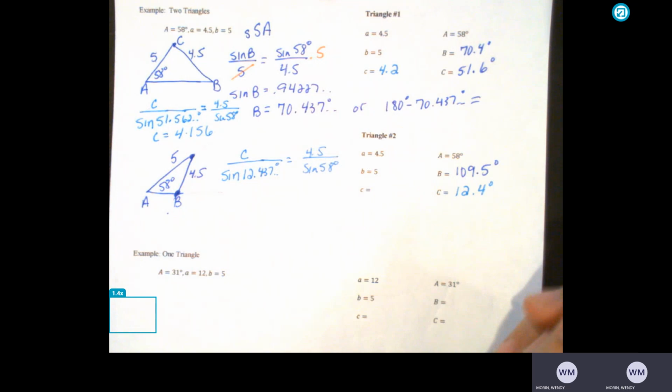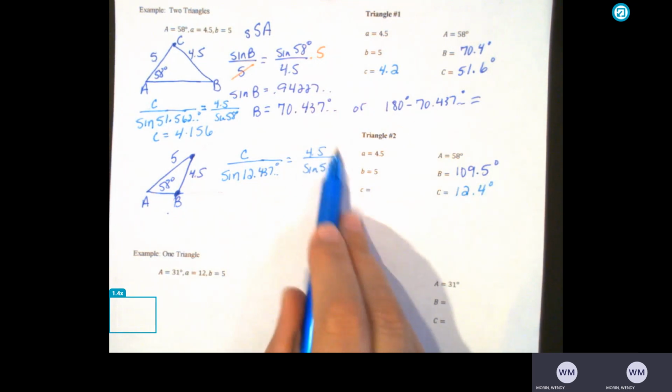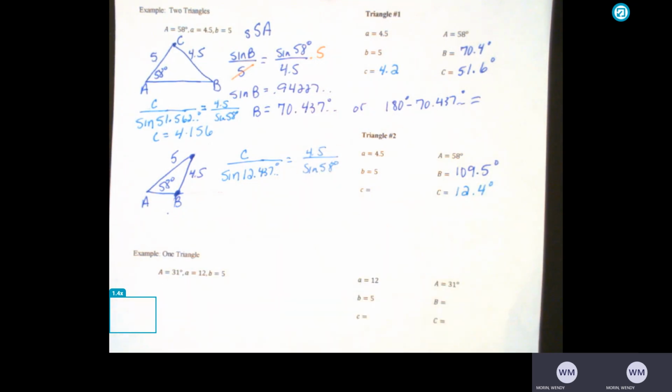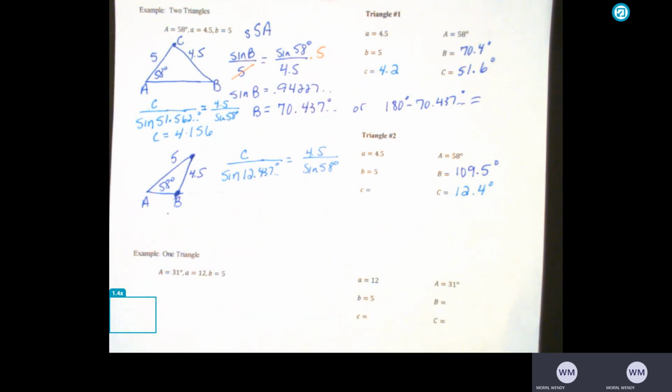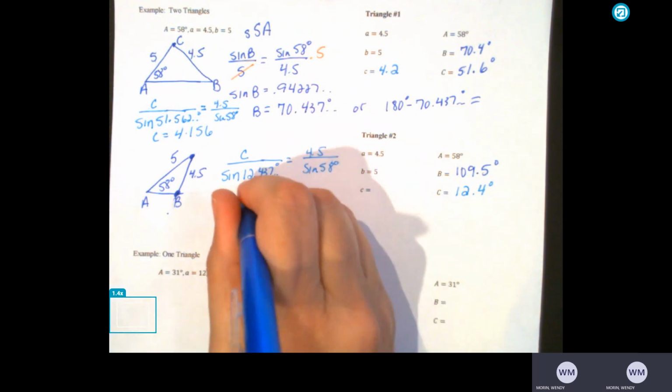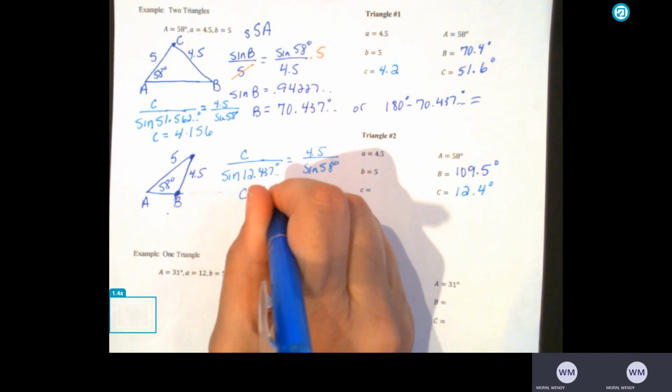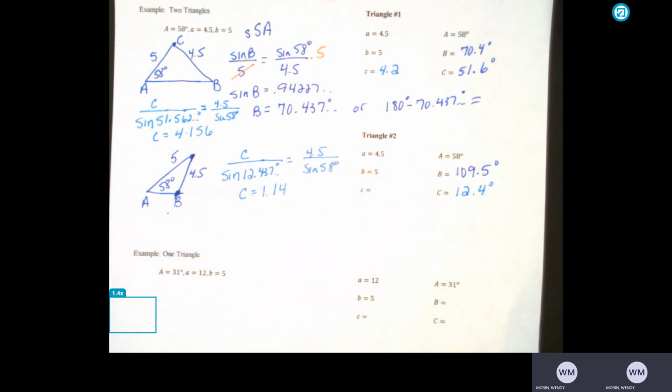58 degrees. Now I already have this in my calculator, so I'm going to scroll up and find it and enter. And all I have to do is take out the angle that I had previously of 51.6, and use my 12.437 that I have stored in my calculator to find side C. If you know how to use your calculator efficiently, then you don't have to type all of these numbers in.